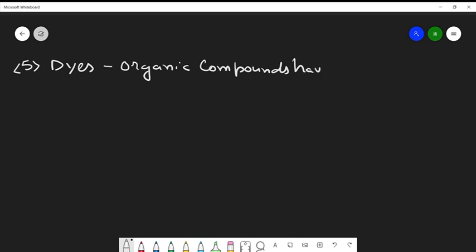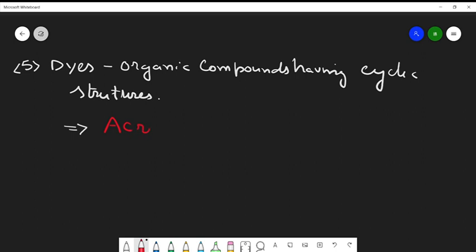Examples of these dyes include acridines. They also include proflavin.